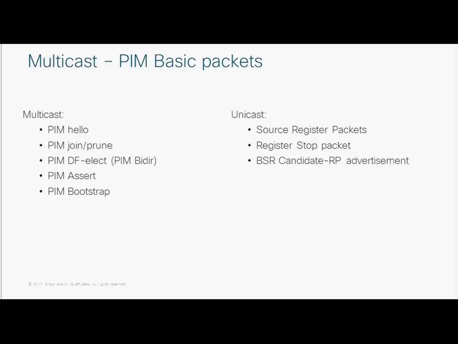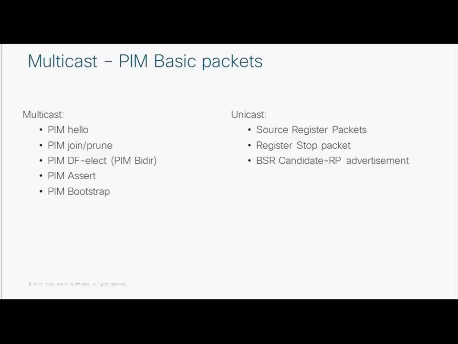Now we have other unicast packets that are used for PIM, which we have here, like source register. That's when the first hop router receives a multicast stream, the first packet that we get is sent to the RP, and it's a register, and it will start a state.